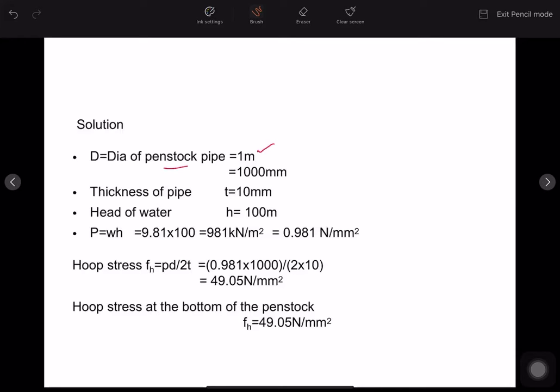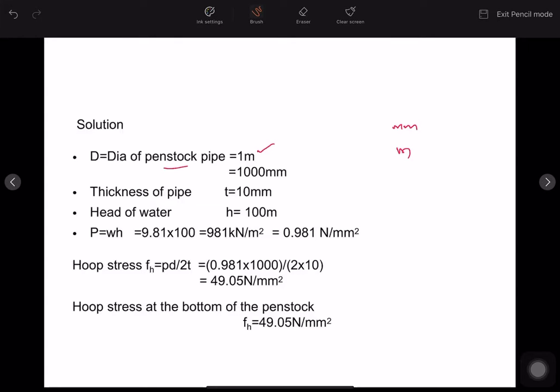Nothing is wrong, but the only problem is if you convert some units and leave off other units, the whole answer will ultimately be wrong. So better you convert everything into mm or convert everything into meters.